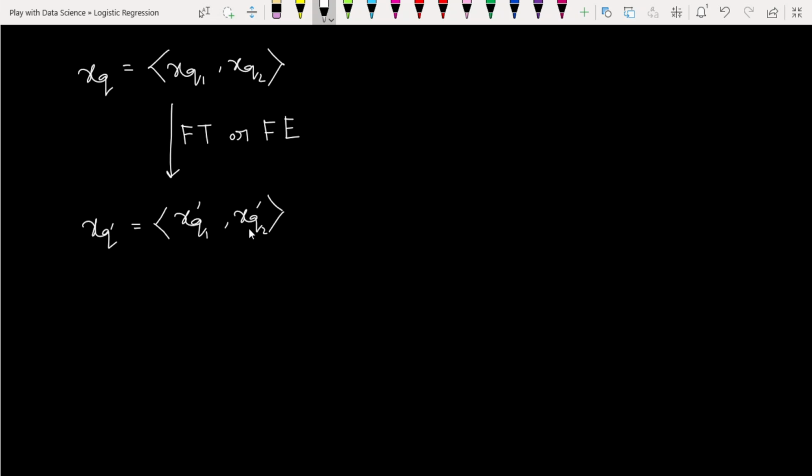So this point lies in the f1 and f2 space, and this point lies in the f1 dash and f2 dash space.